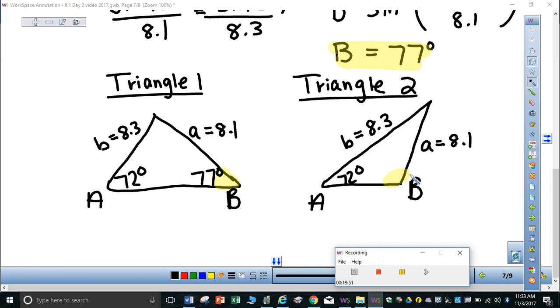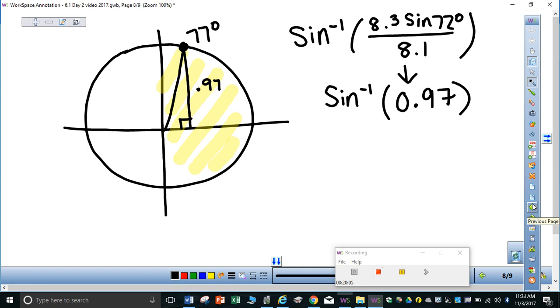So now we need to do some thinking to figure out how we're going to get angle B on triangle 2. To help us think about that, I need to show you something over here. Remember when we found angle B from law of sines, this is what we typed into our calculator, and we got it to equal 77 degrees. Well, it turns out that the 8.3 sine 72 over 8.1 is about 0.97.